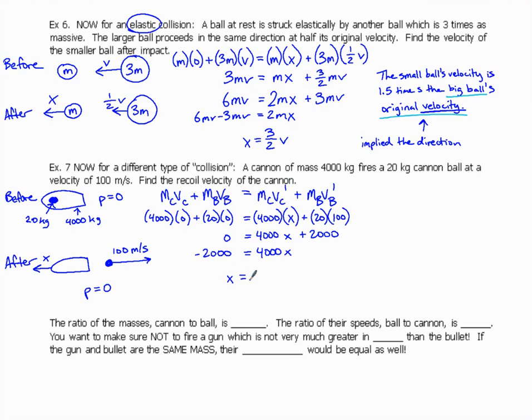And x equals negative 1/2. And that's meters per second, which is to say negative 0.5 meters per second.